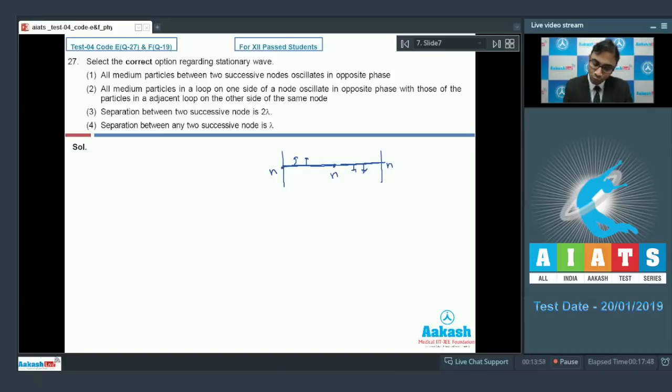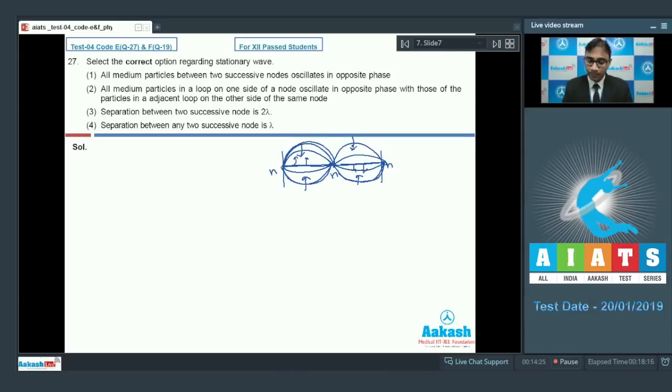So the wave will move like this, first like this, then after some time it will become like this, and then after some time like this. So we can say that when these particles are moving downward, these particles are moving upward, and when these particles are moving upward, these particles are moving downward, right?